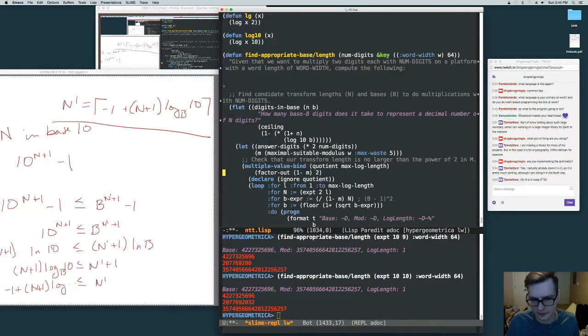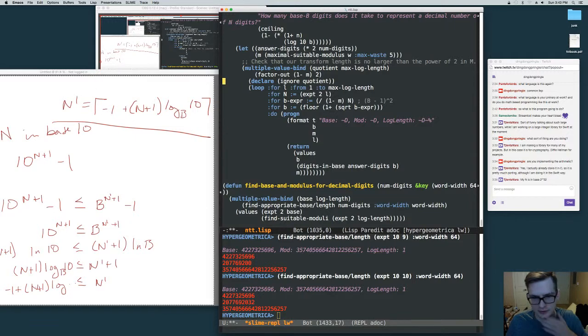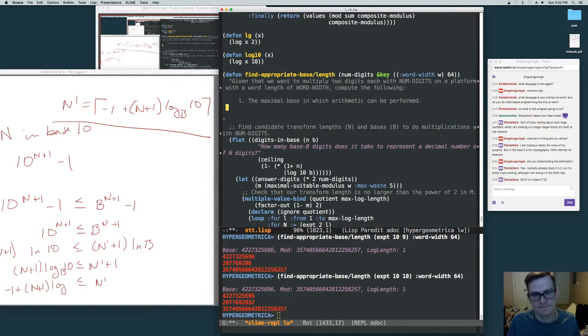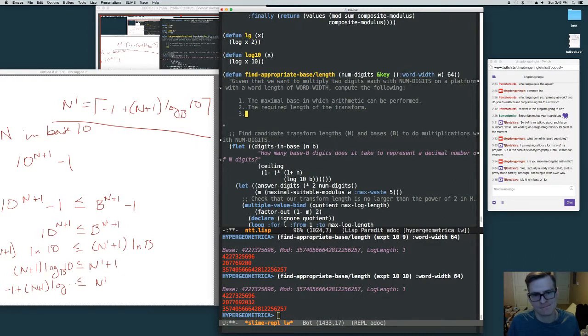So this function, to recap, computes three things. It computes the maximal base in which arithmetic can be performed, the required length of the transform, and lastly it computes the modulus.